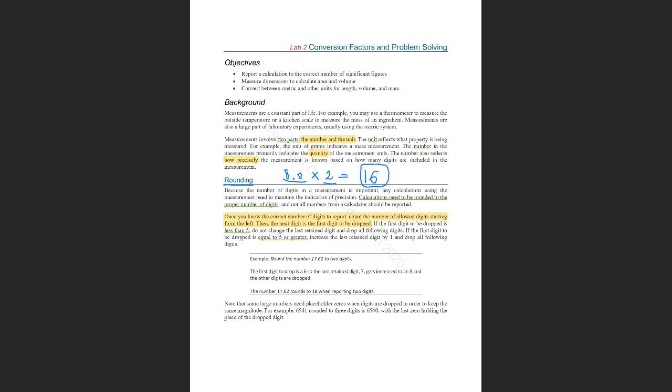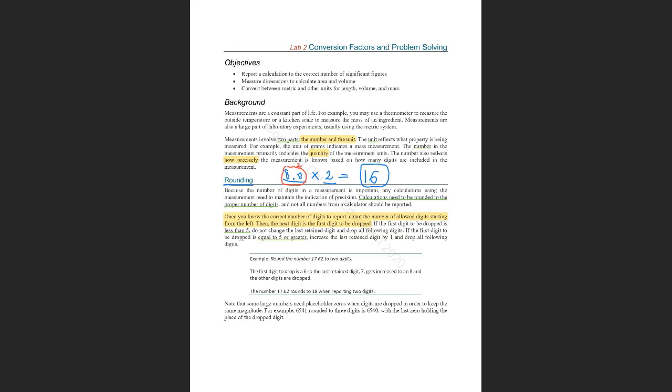When I do a multiplication, I have to use the number of sig figs of the lowest. I have to look at how many sig figs 8.0 has. It has 2. Why 2? We will see that. All the digits count, and the 0 counts because it is after the decimal point.